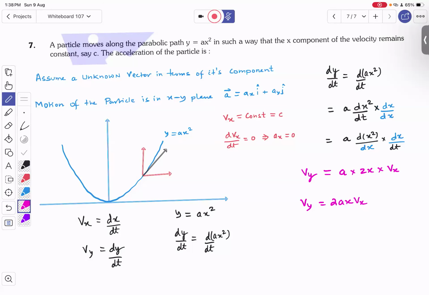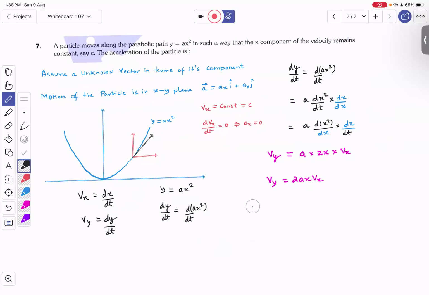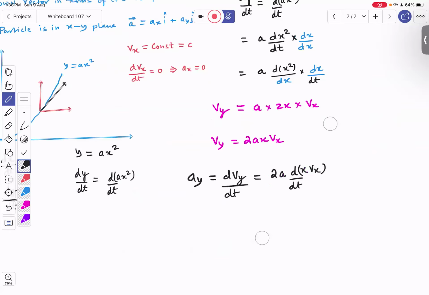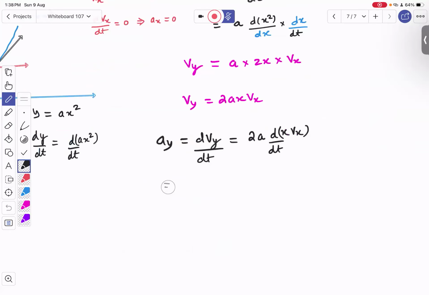Okay, so I'll do that step also. Ay will be equal to the rate of change of Vy, and that will be the differentiation of 2a into x into Vx. For this we will be using the product rule.